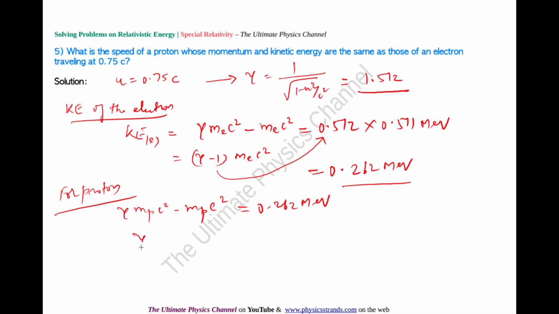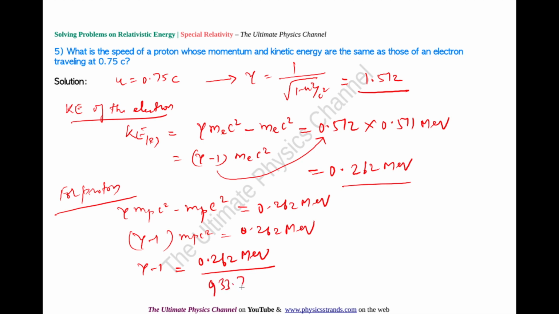Therefore, here also gamma minus 1 times MPC squared is 0.262 MeV. For the proton, MPC squared is 933.75 MeV. So gamma minus 1 I directly write as 0.262 MeV over its rest mass, that is 933.75 MeV.